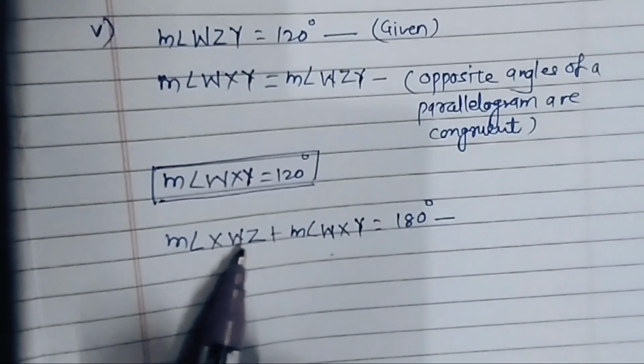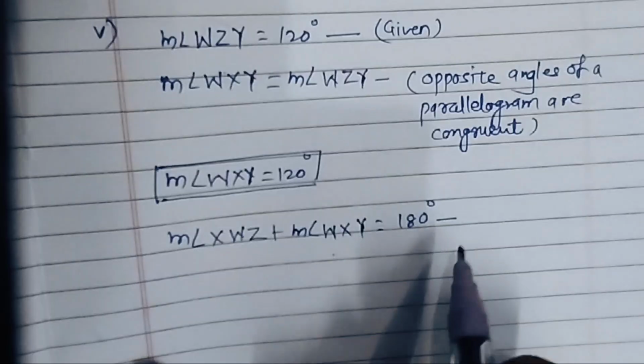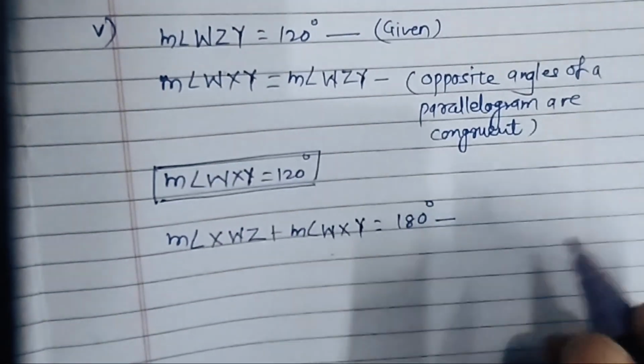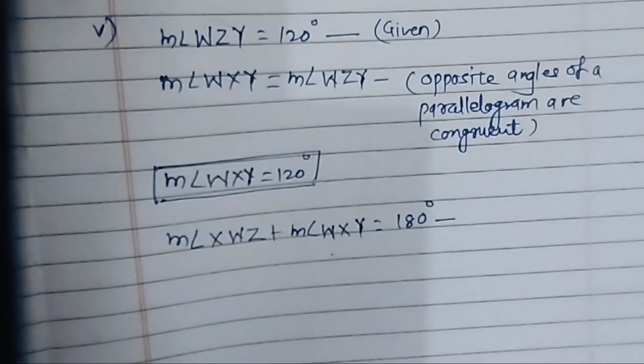The addition of angle W and angle X is 180 degrees, because they are adjacent angles of a parallelogram and they are supplementary, that is their addition is 180 degrees.